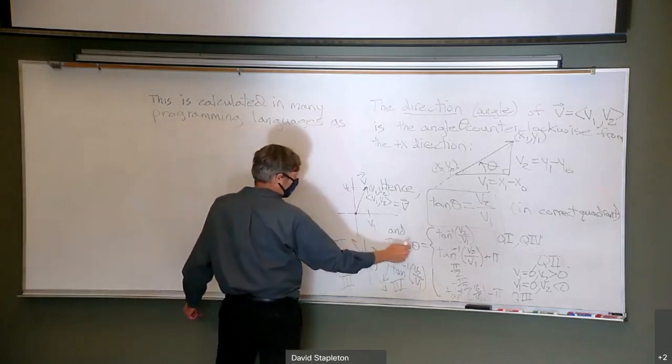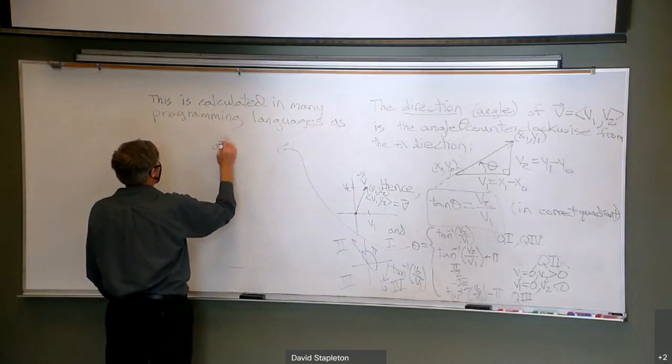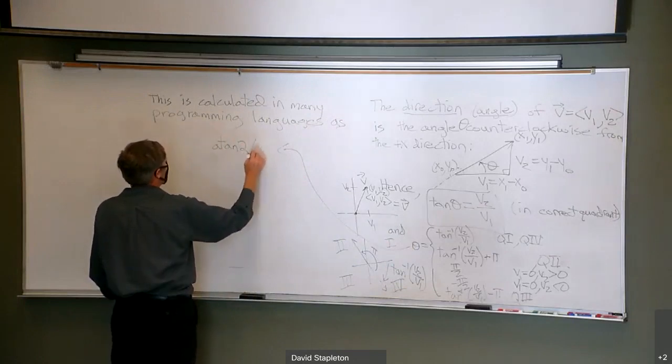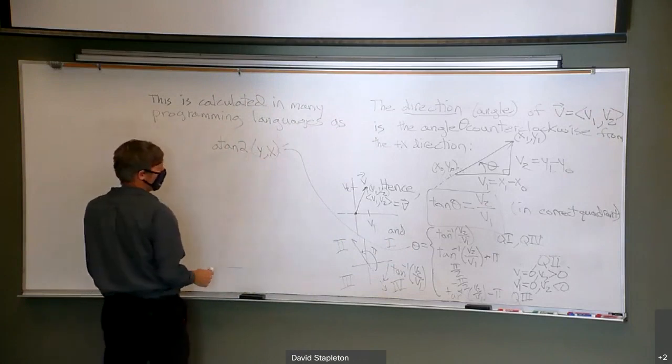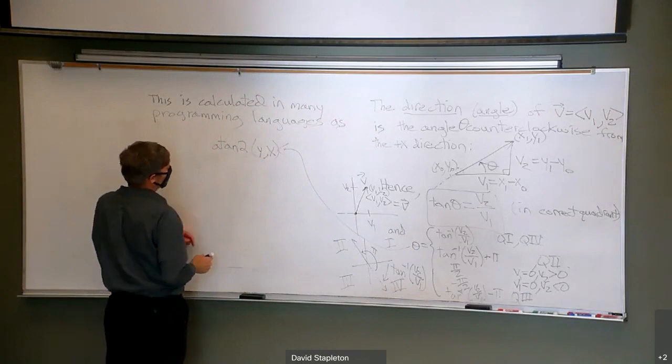And this function that gives you this is ATAN2, and then you put y first and then x. It gives you the arctangent with the quadrant, like that.